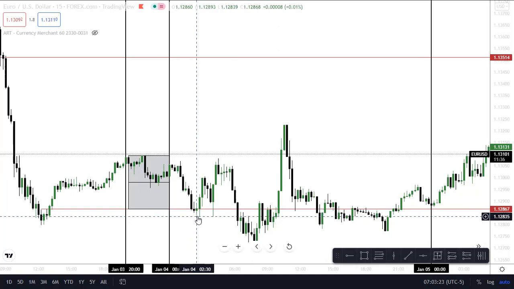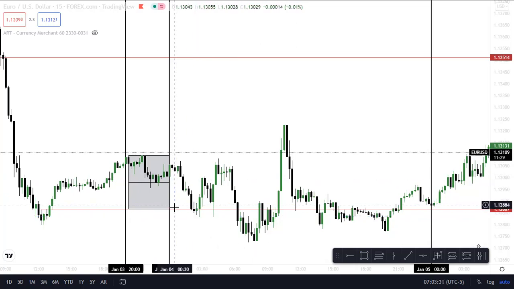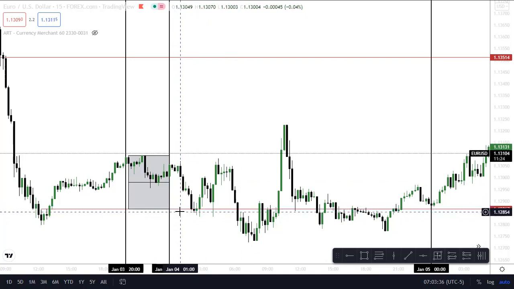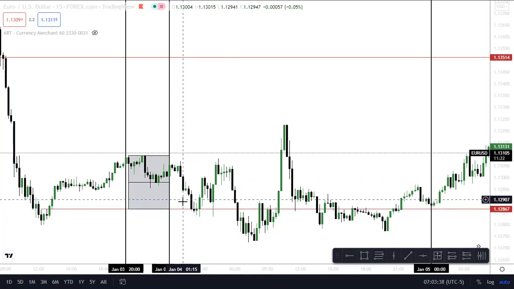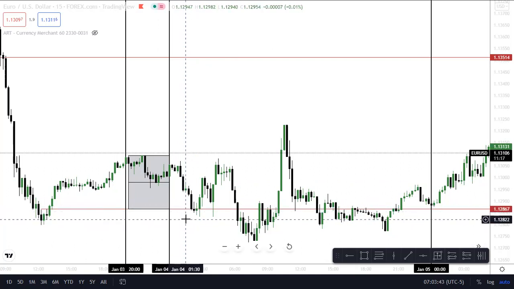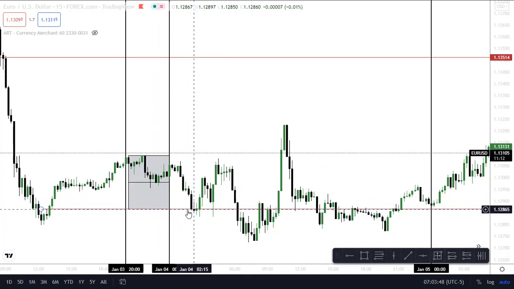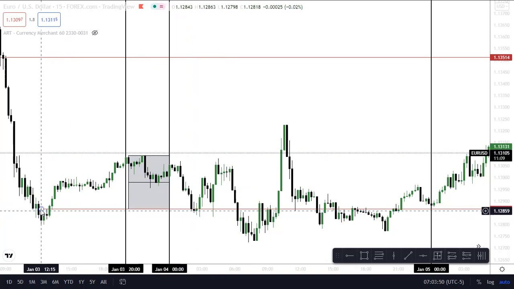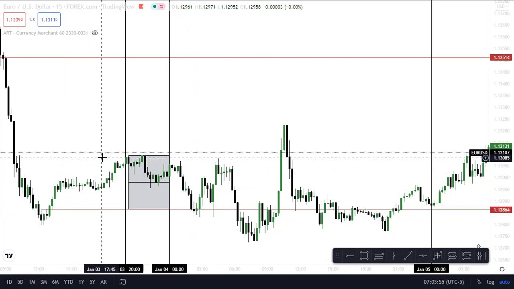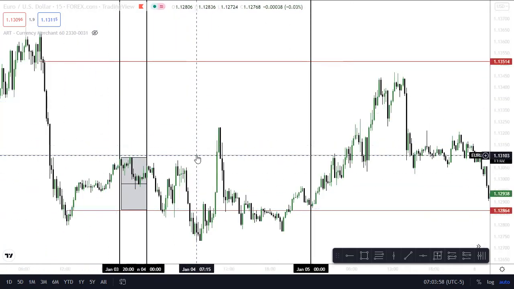If you're more reserved or selective in your setups, when price gets here, you won't just buy or sell. You look for what are the reasons at this red line that support the idea that I can be a buyer. All right. Side note, notice how one deviation of this lines up perfectly with the high of this candle, which is the lowest down candle in that range right there. Just a side note.